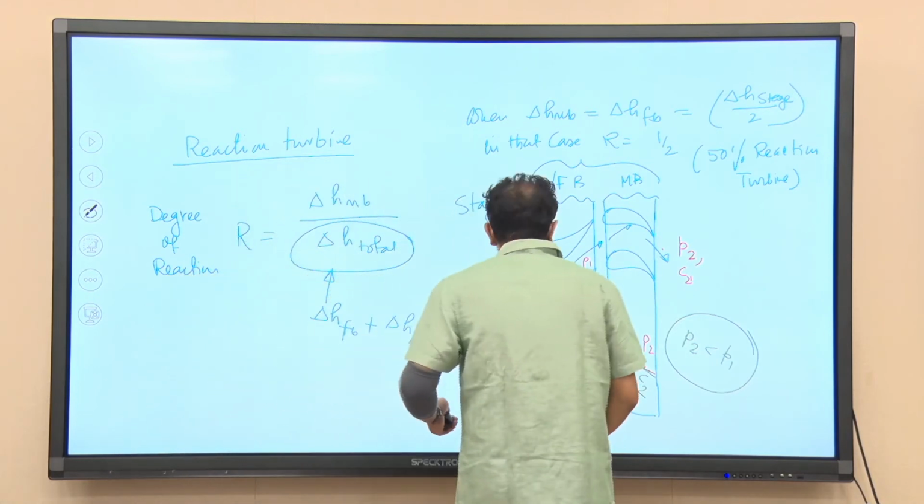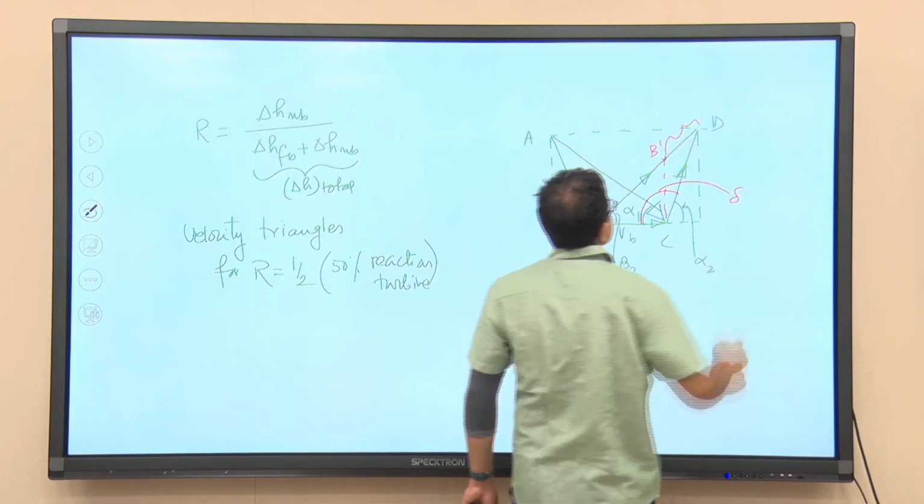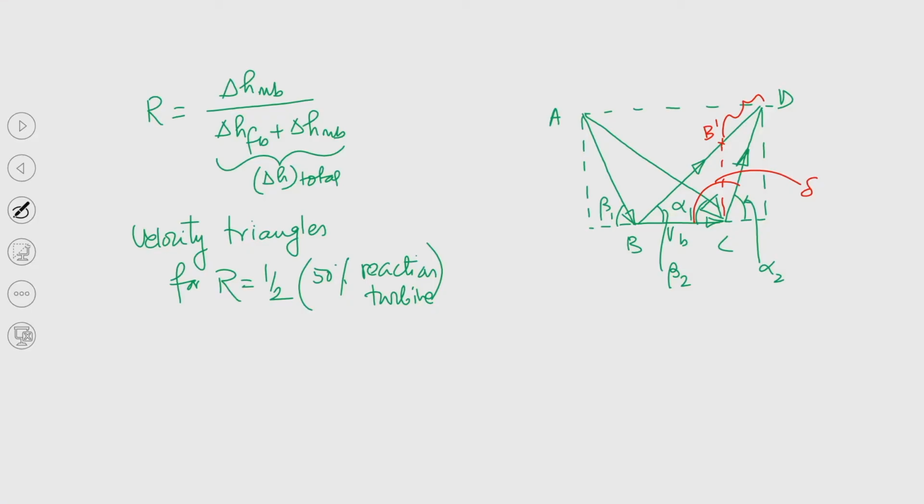That is why this relative component, this amount, is higher only because of that. So, because of this relative velocity, a reaction force is there. You can see these two velocity triangles are similar. So, I can understand, triangle ABC and triangle BCD are similar.